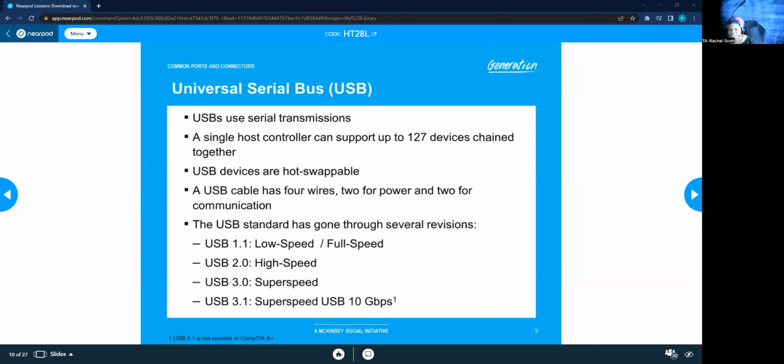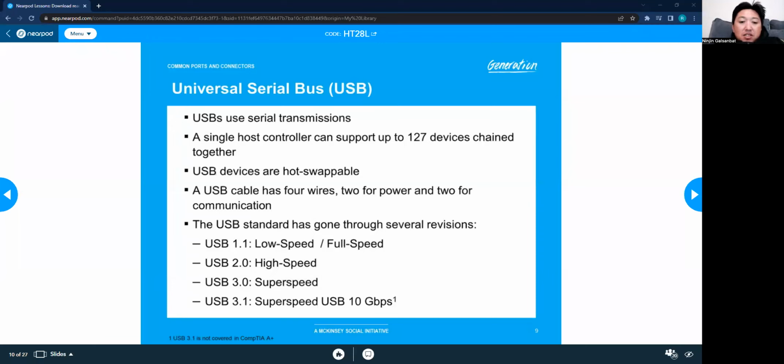Okay, can you read for me? Sure. USBs use serial transmissions. A single host controller can support up to 127 devices chained together. USB devices are hot swappable. A USB cable has 4 wires, 2 for power and 2 for communication.